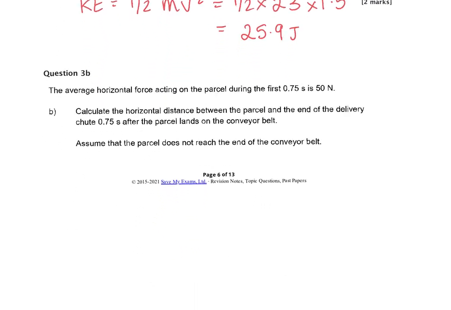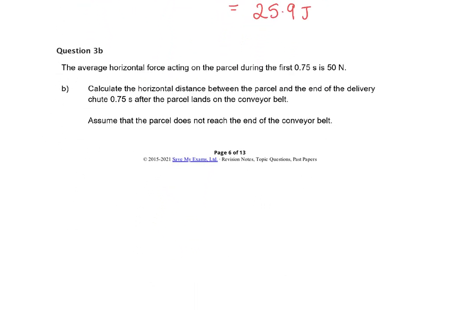Moving on to 3b. The average force acting within that time is 50 newtons. Calculate the distance between the parcel and the end of the delivery chute 0.75 seconds after the parcel lands on the conveyor belt. Assume it does not reach the end of the conveyor belt. So from our previous question, we've got the change in KE is equal to 25.9 joules.